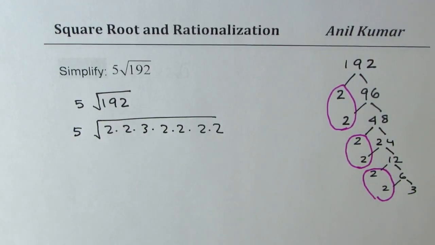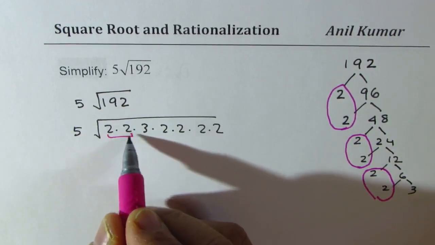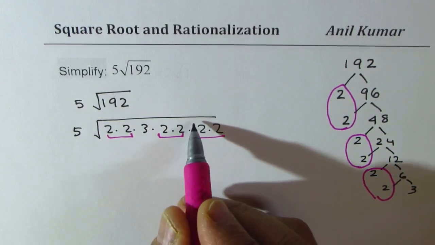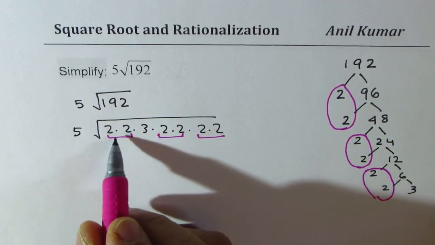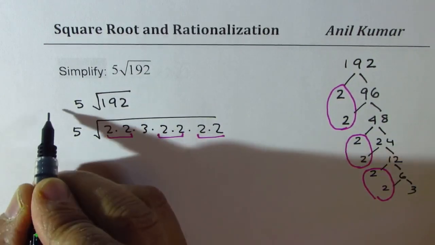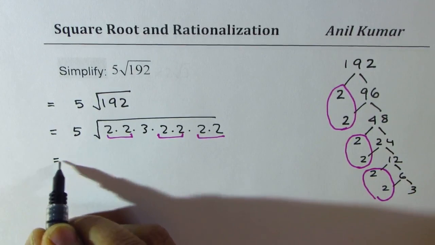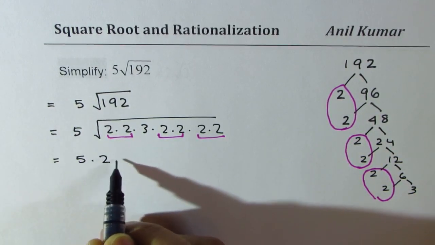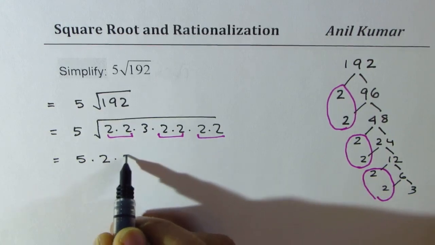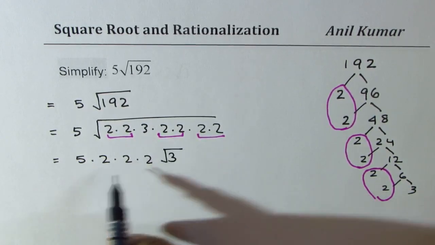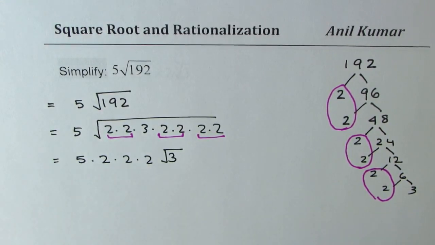Now, each combination, when you multiply within the square root, it is 4. And square root of 4 will be 2. So we could take half the number of 2's outside the radical sign. Correct? So that was the question given to us. Now that means we could do it like this. 5 times 2 from 1, then another 2, and then another 2, square root 3. Correct? So that becomes our solution.